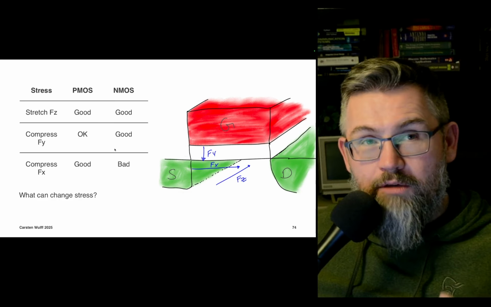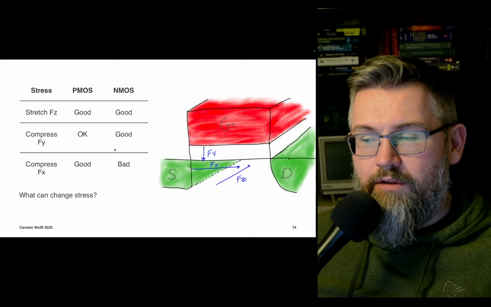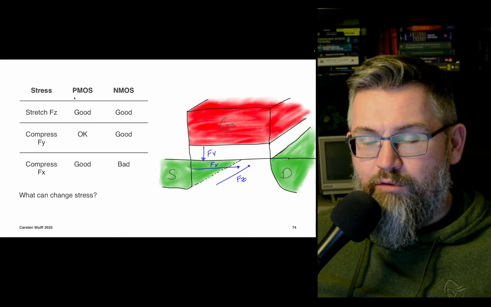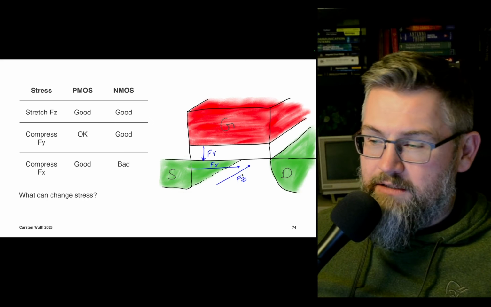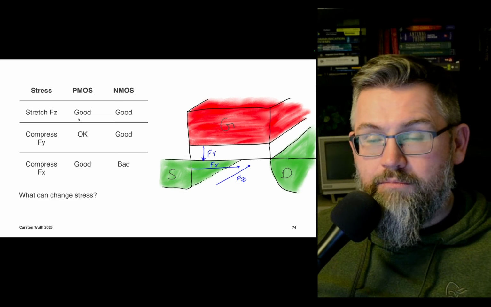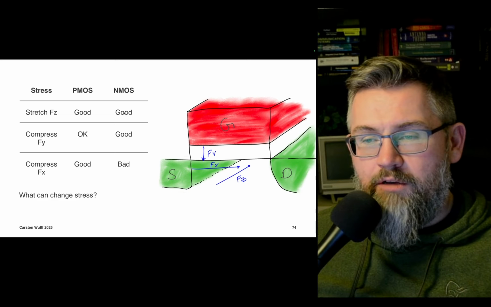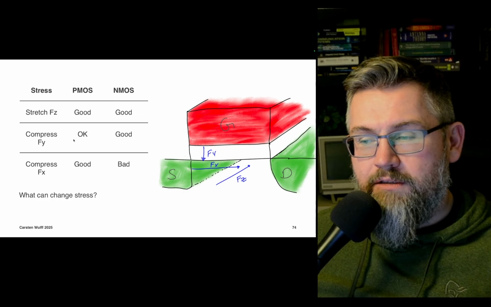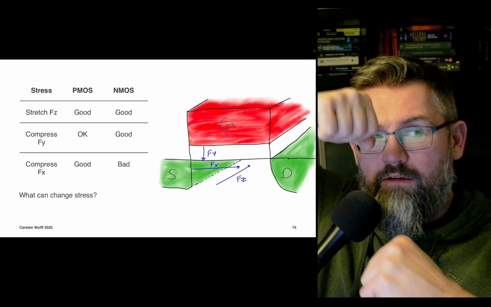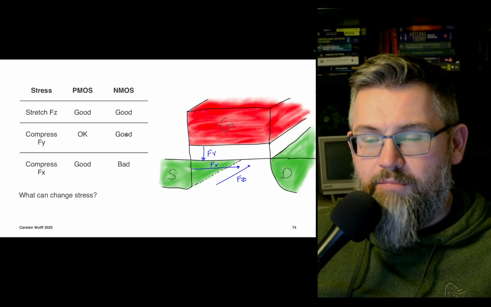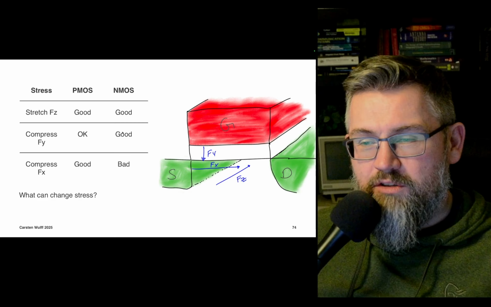And that's one of the effects that we can see with transistors as we strain, for a PMOS, in the Z, so that's in the direction of the width. And that might be good for PMOS to make the current higher and good for NMOS. But if you compress it in the Y direction, so put strain that way, I guess, then it's okay for PMOS, and it's not that good for PMOS, but it's good for NMOS.